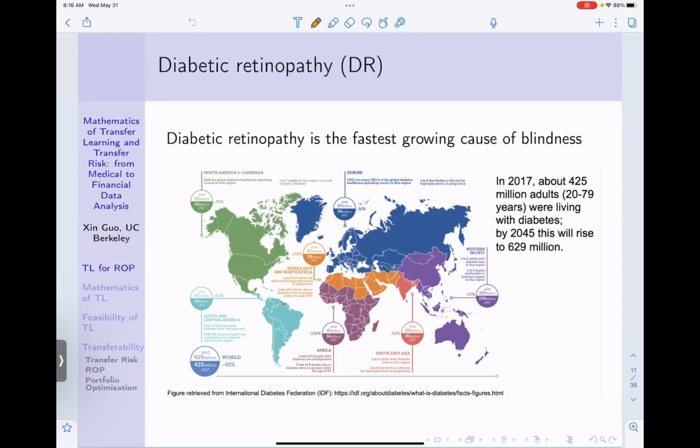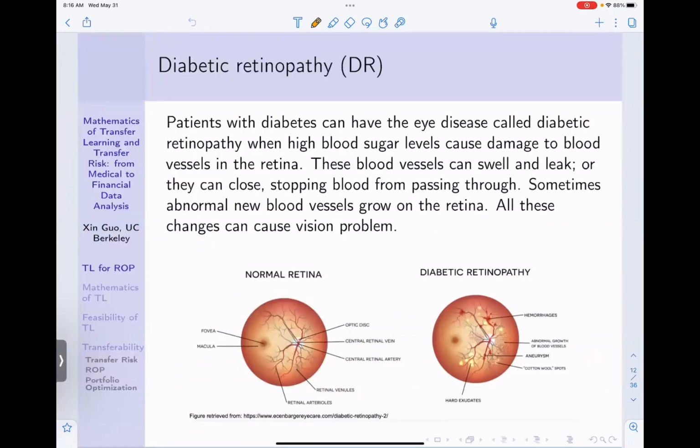It is a very similar phenomenon: high blood sugar levels cause the blood vessels in the retina to swell or leak, so there is also some abnormality of the blood vessels near the retina.